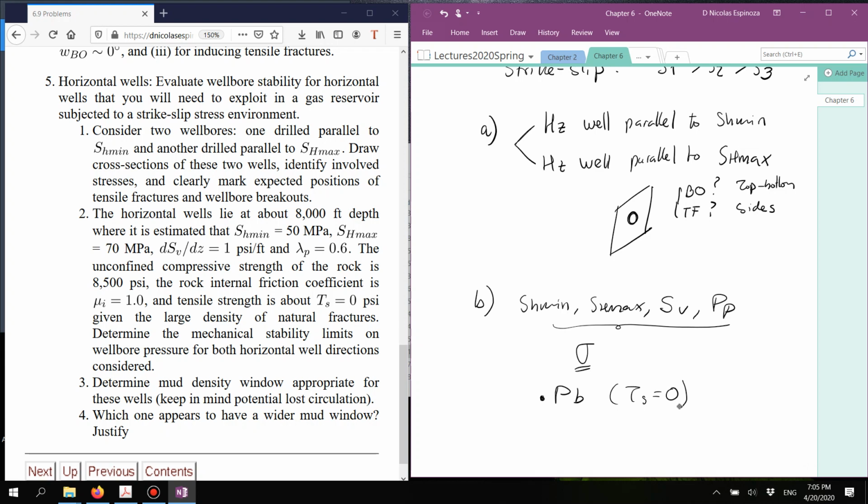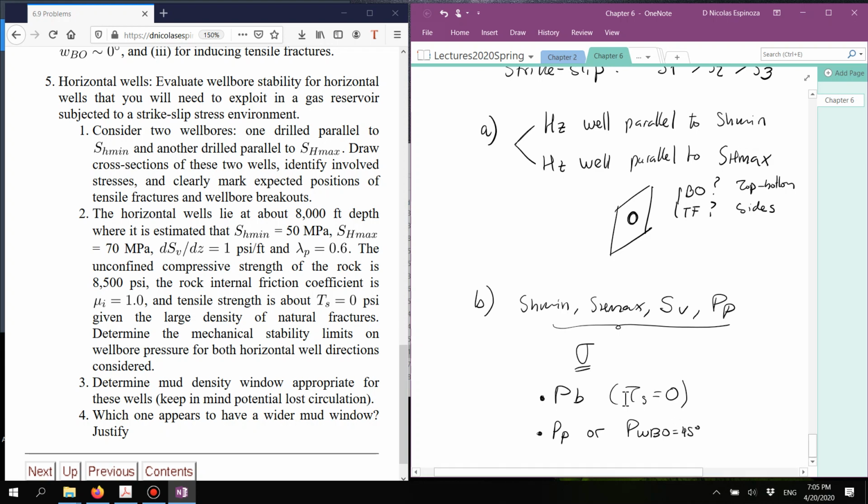It doesn't appear to tell that, but let's just assume as a lower bound either the pore pressure or PWBO for a breakout angle equal to 45 degrees.